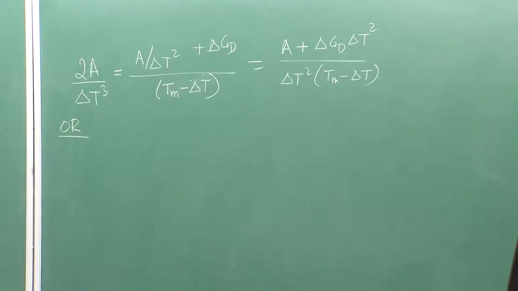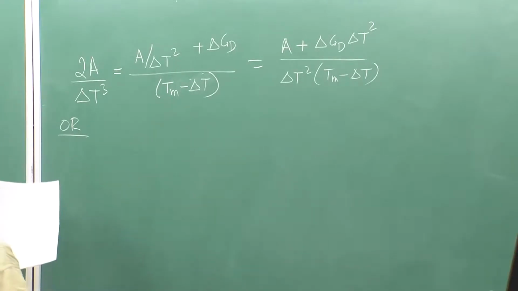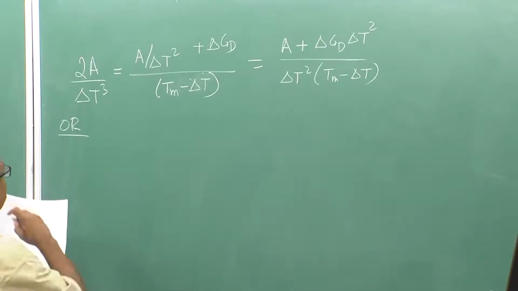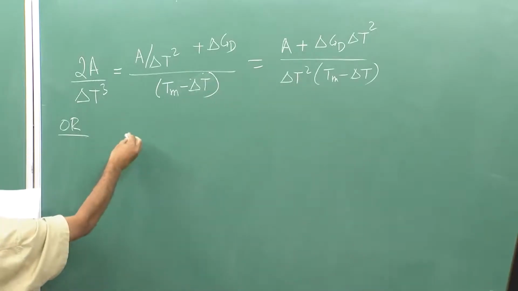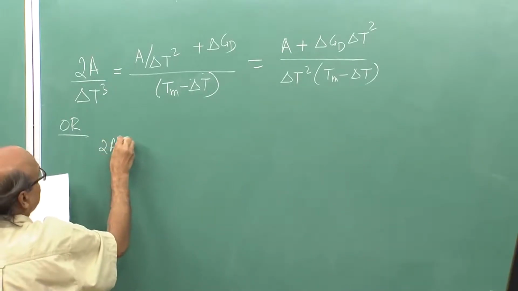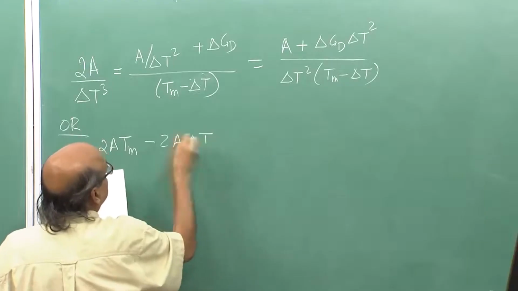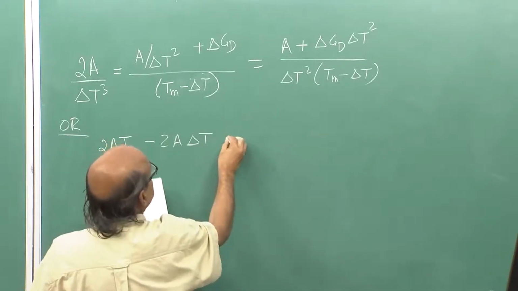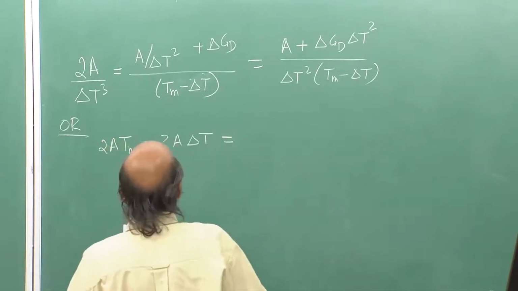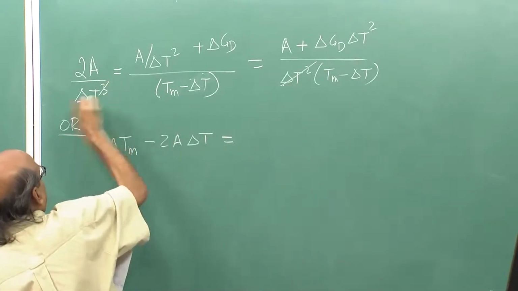Or let me rearrange a little bit more, and I will get 2A Tm minus 2A delta T equals, because I can actually delete this delta T square and delete this cube.